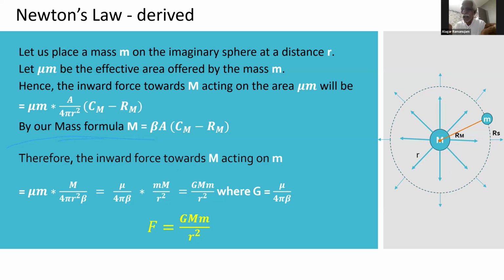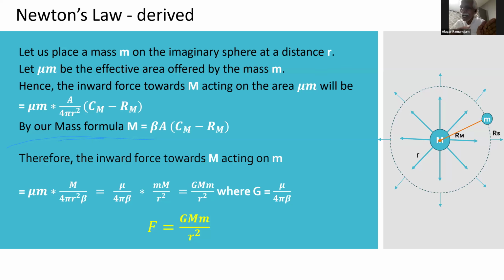Second experiment. You suspend the cylinders so that the long surface is facing each other, not the end surface. You find for the same cylinders the force between them. The force will be different according to us.